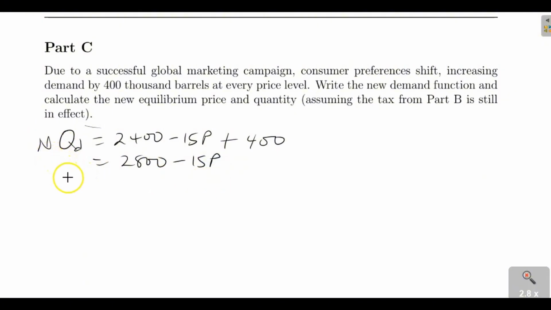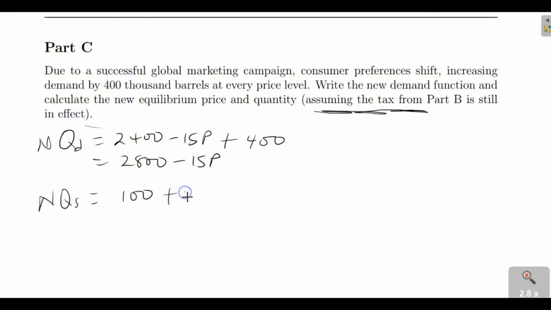Now, don't forget the question says we should write the new demand function and calculate the new equilibrium price and quantity, assuming the tax from part B is still in effect. When we had the tax in part B, we got a new supply function.